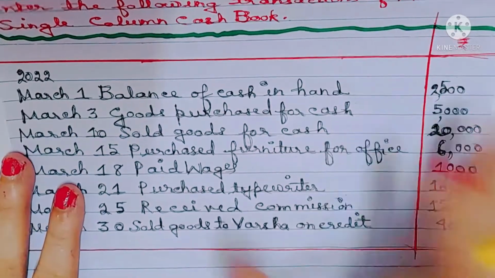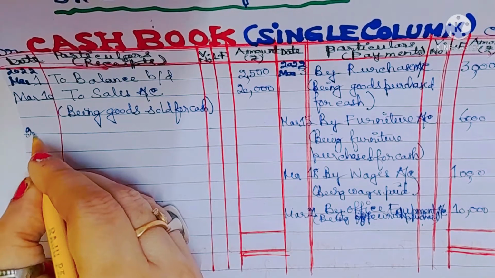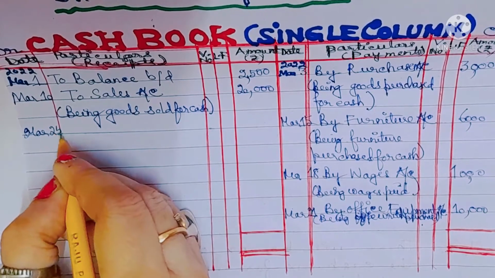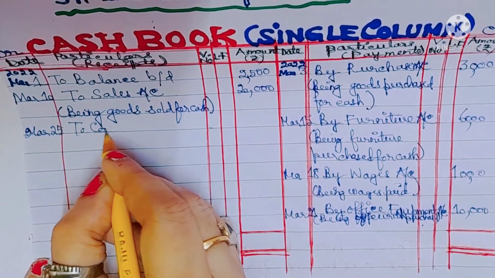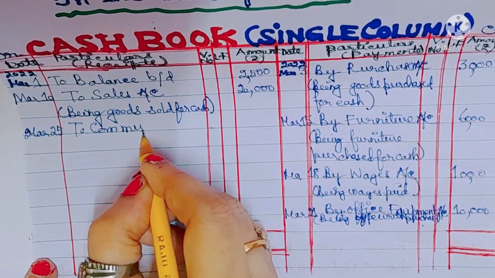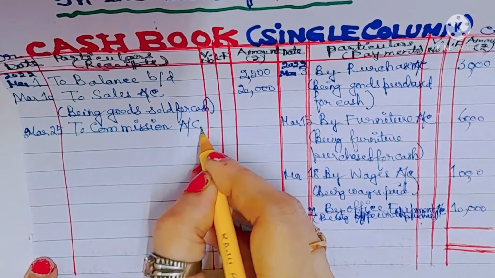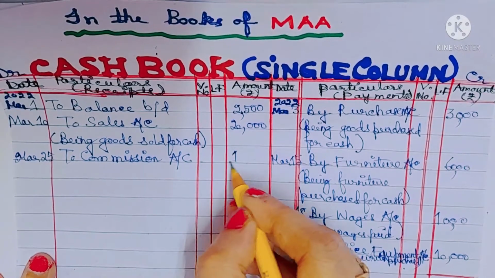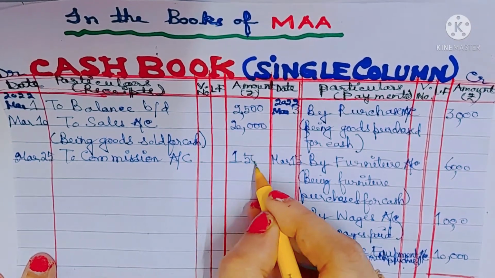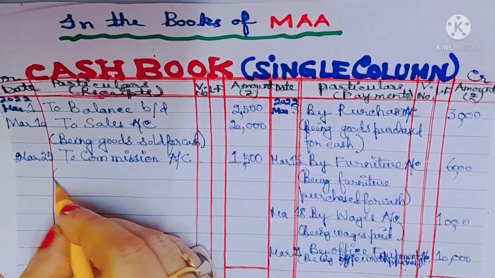Okay. So let's write 25th March, to commission account 1,500. What is the narration?